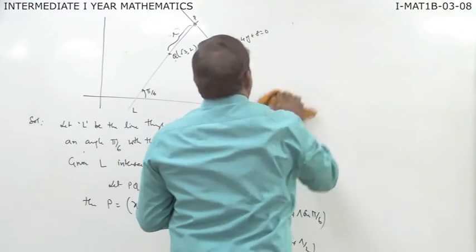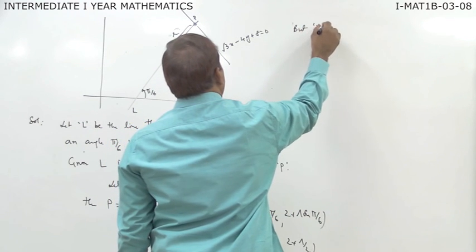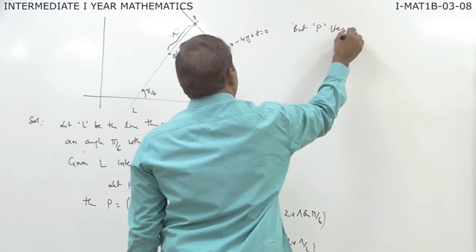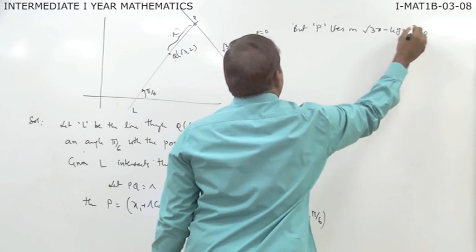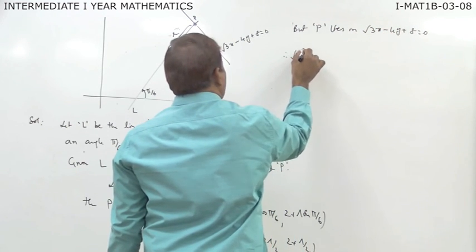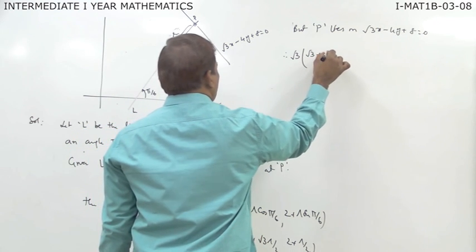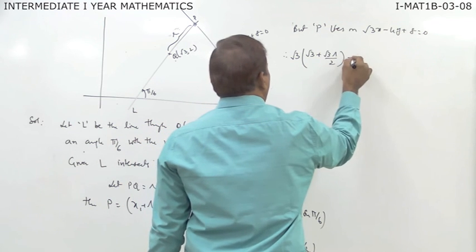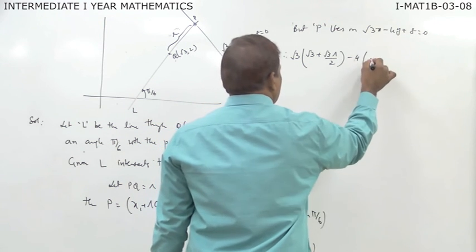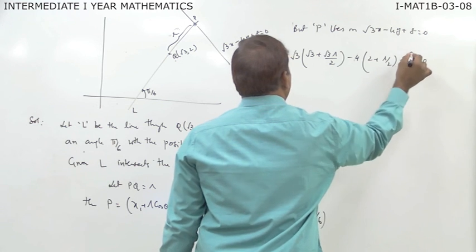P lies on root 3x minus 4y plus 8 is equal to 0. Therefore, root 3 into x, that is root 3 plus root 3 R by 2, plus minus 4 into y, that is 2 plus R by 2, plus 8 is equal to 0.